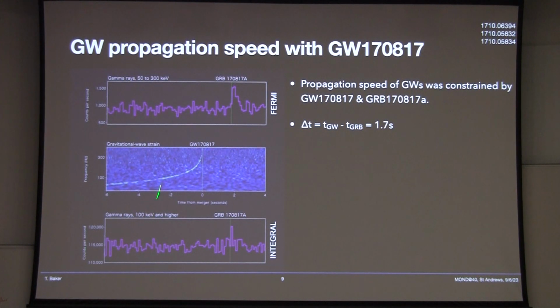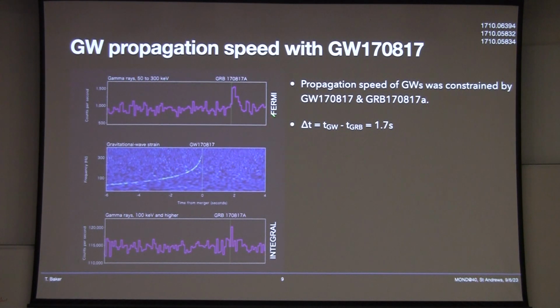So this middle plot here is called a spectrogram, and it shows the spread of frequencies in the gravitational wave detector as a function of time. So you can see the signal here. You can see it chirp up towards merger over a period of a couple of seconds. And then the top and bottom panels show flux counts in 2 gamma ray spectrographs that were operating at the time, Fermi and Integral.